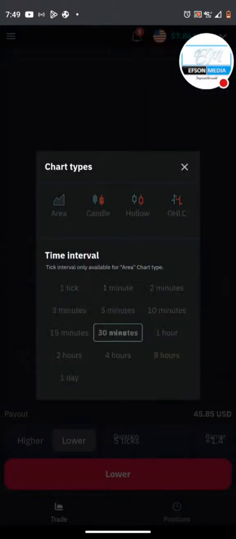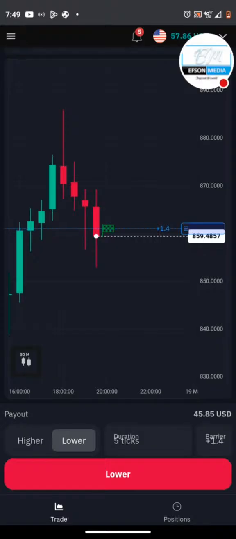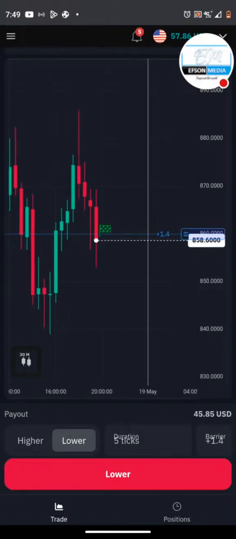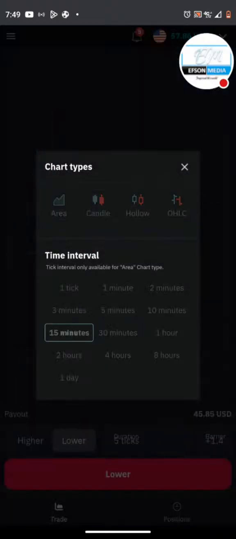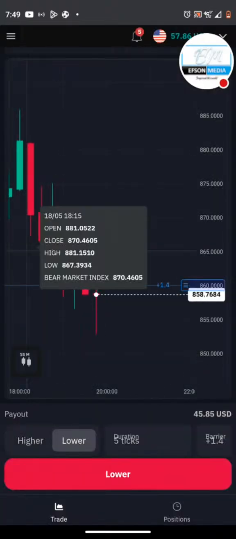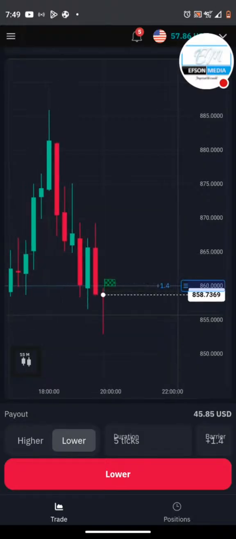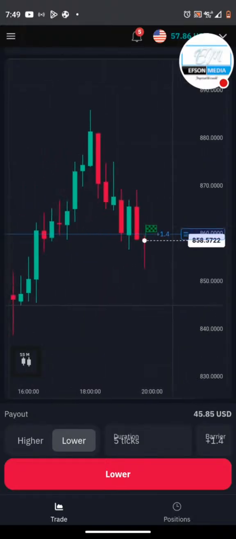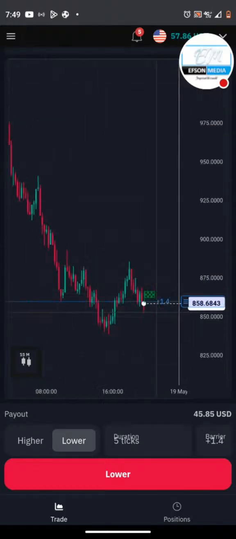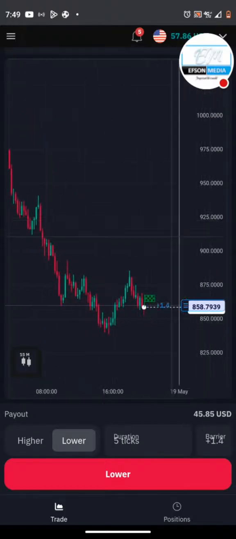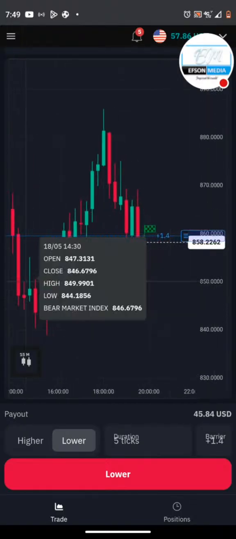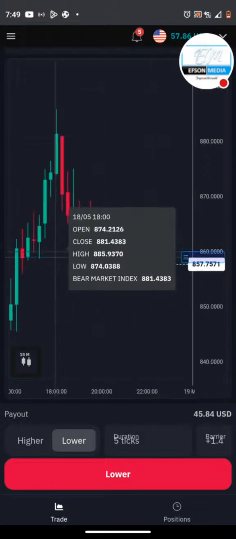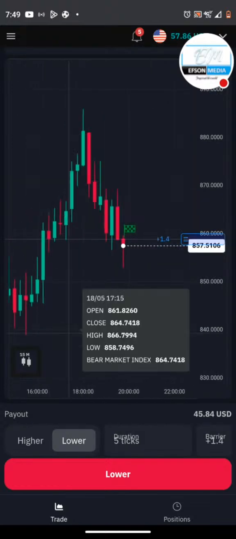The 30 minutes candle is also pushing down. The 15 minutes candle, from the charts, is experiencing a pullback.